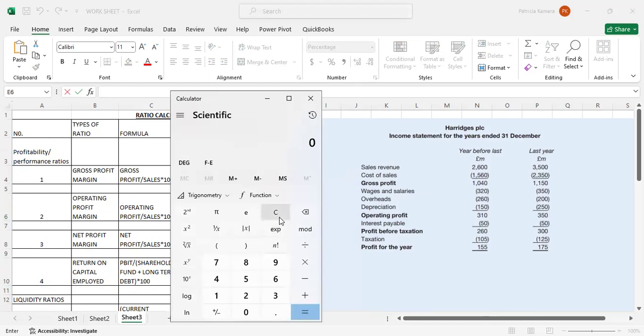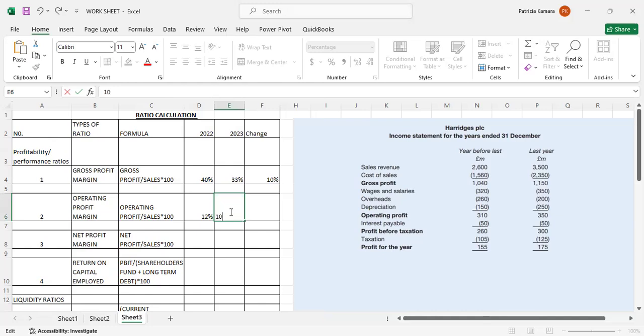So 2023, our operating profit is 350 divided by the sales revenue, multiplied by 100. This will also give us 10%. Okay, so now let's go on to calculate the change.